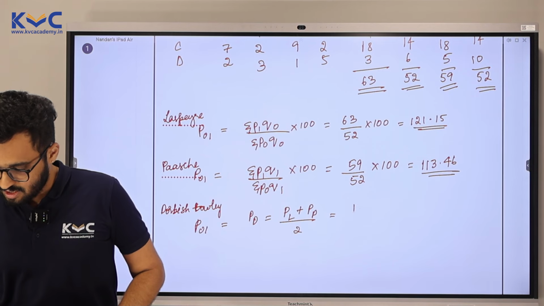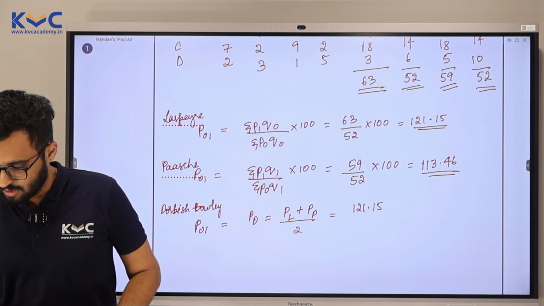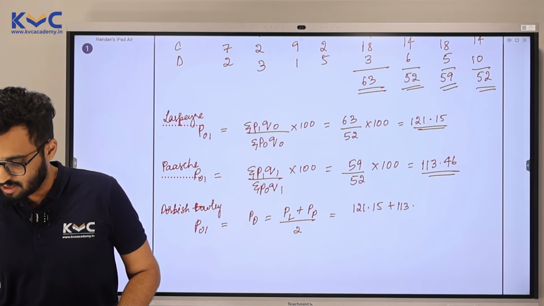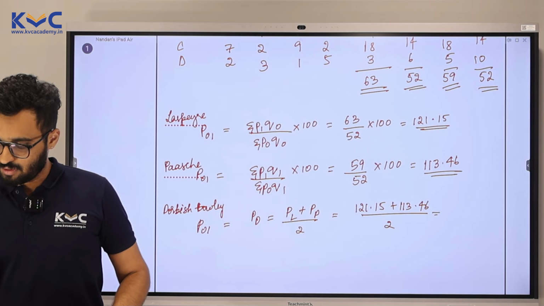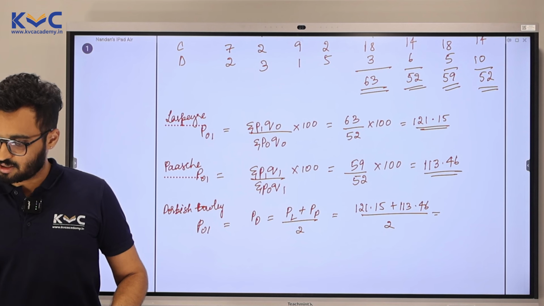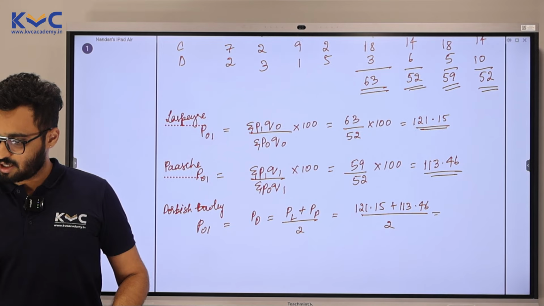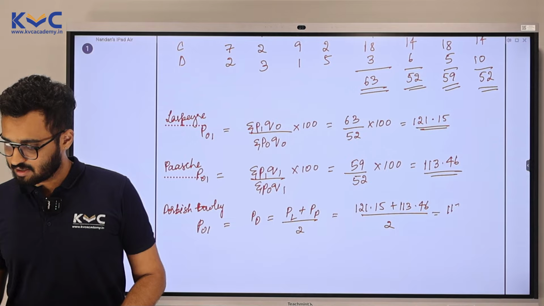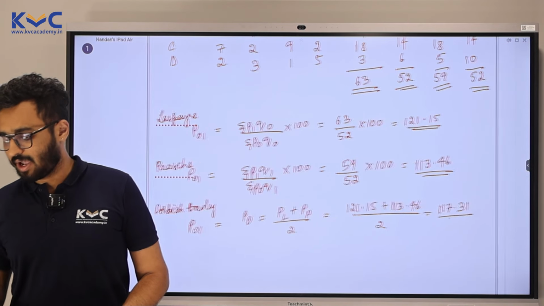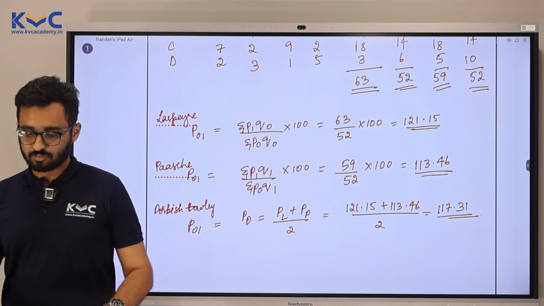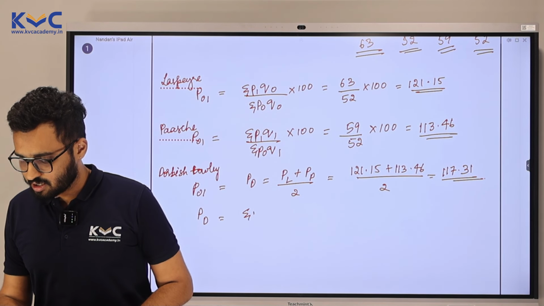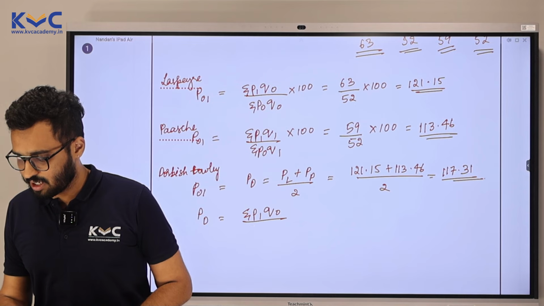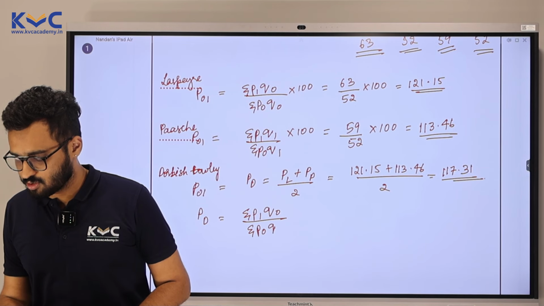So Laspeyre's is 121.15 plus Paasche's is 113.46 divided by 2 will be 117.305 or 31.